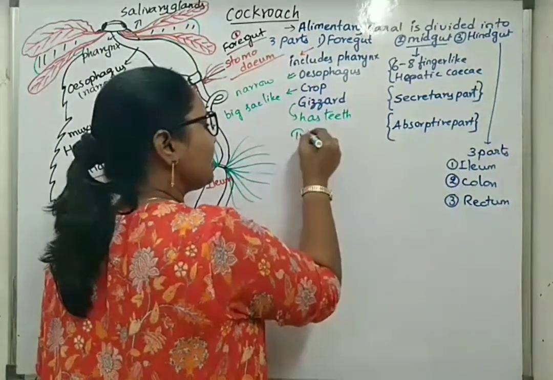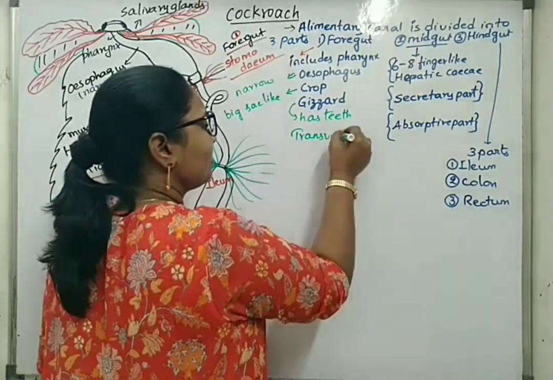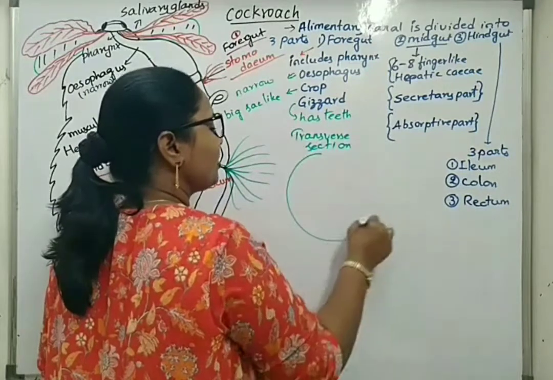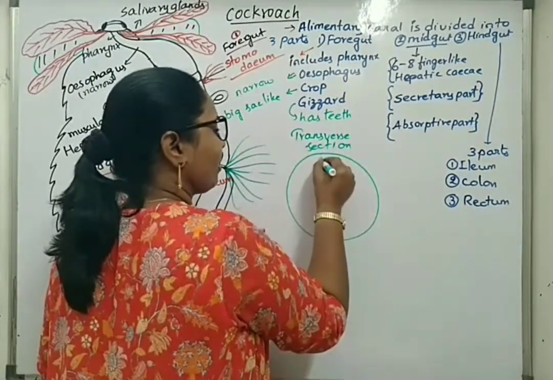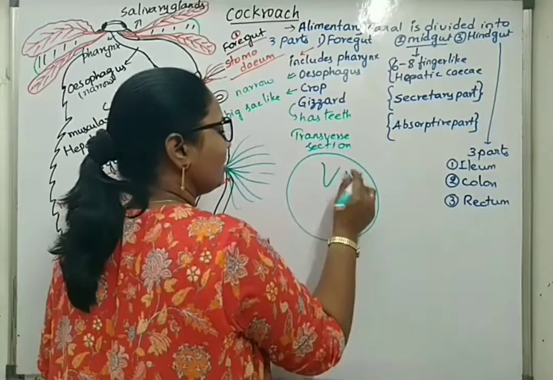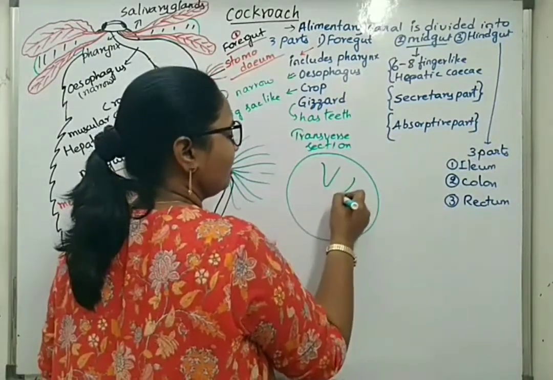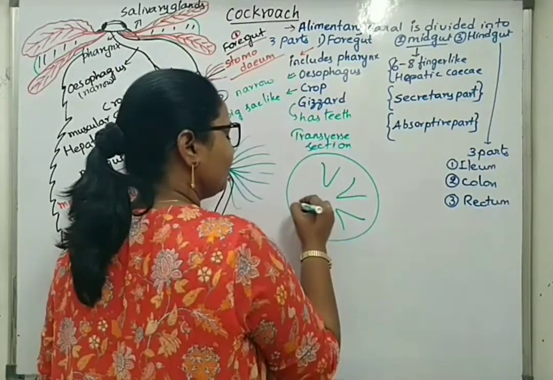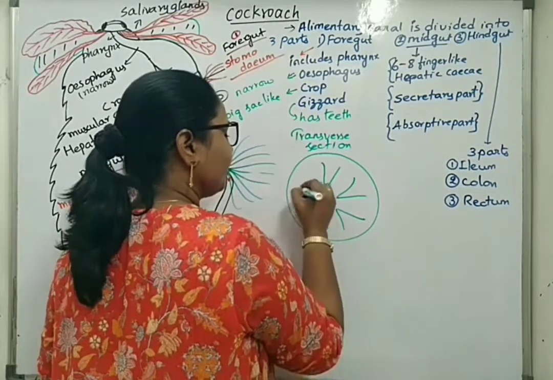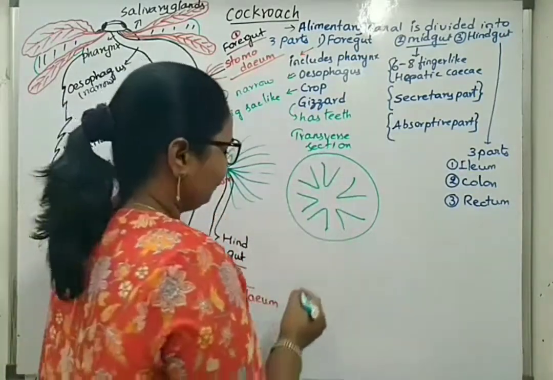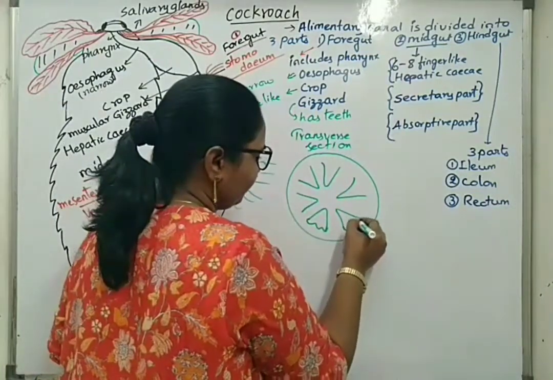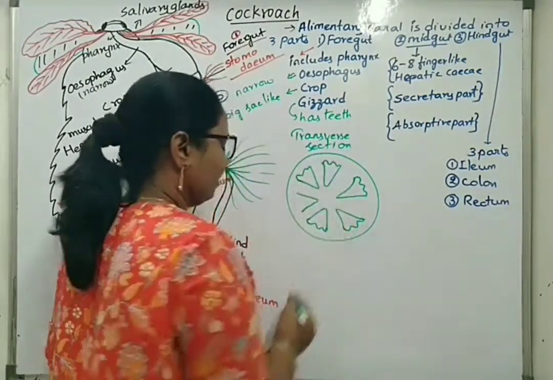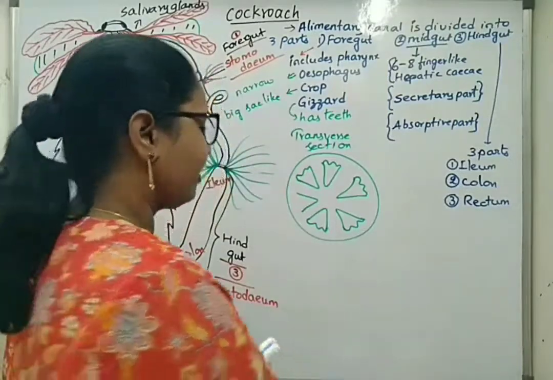When we see a transverse section, its structure appears like 1, 2, 3, 4, 5, 6. So these are 6 teeth-like structures.